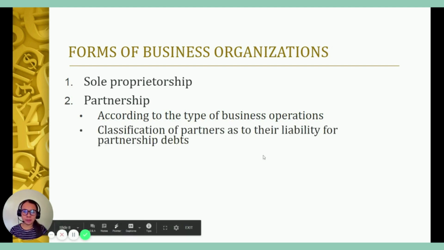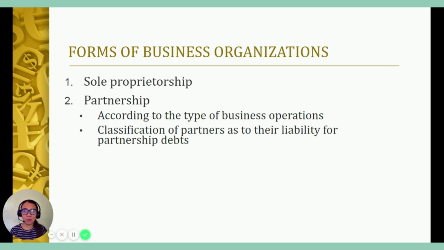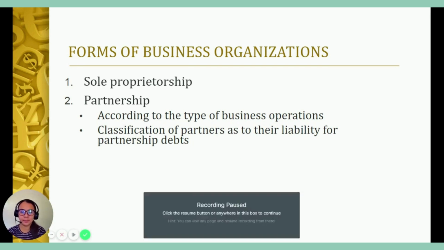Now, the partners may be classified as to their liability for partnership debts. So there are three different types of partners: general partner, limited partner, and general limited partner.